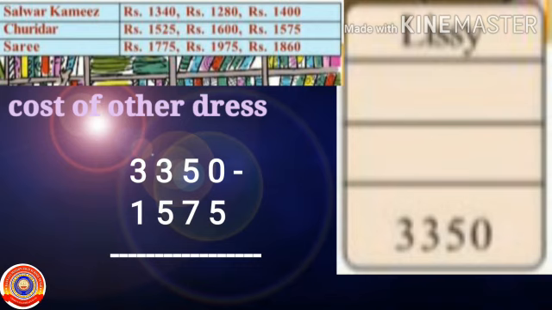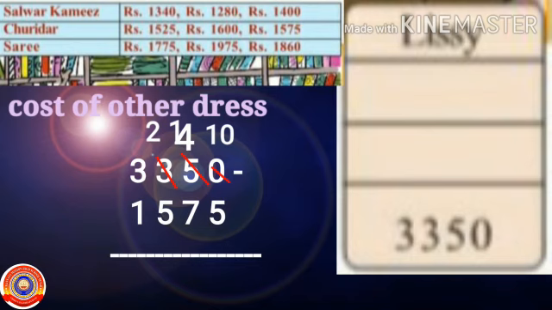Here, we can't subtract 5 from 0. So, borrow 1 from this 5 and carry it with this 0 in the ones place. So, 0 becomes 10 and 5 becomes 4. Here, we can't subtract 7 from 4. So, borrow 1 from 3 and carry it with this 4. So, 4 becomes 14 and 3 becomes 2.